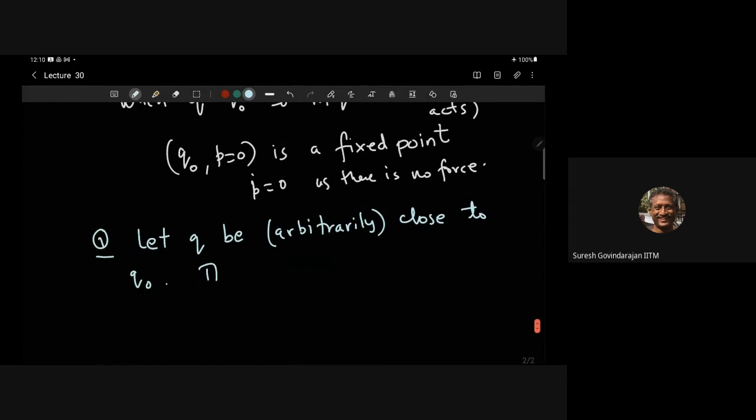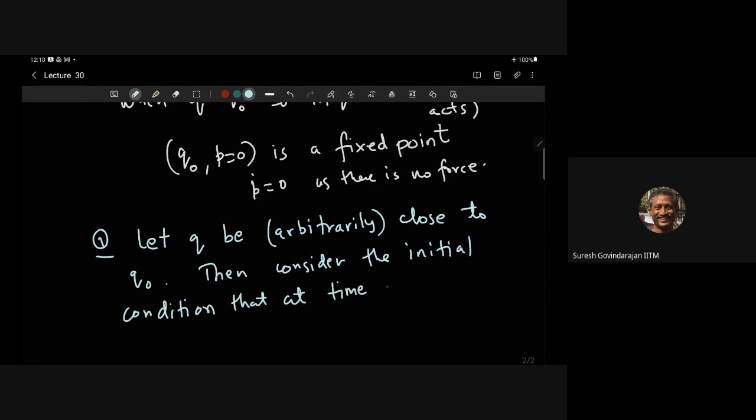Then consider the initial condition that at time t equal to 0, the system is at this neighboring point in phase space.